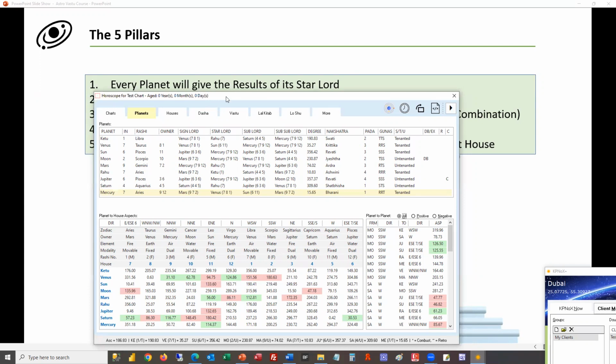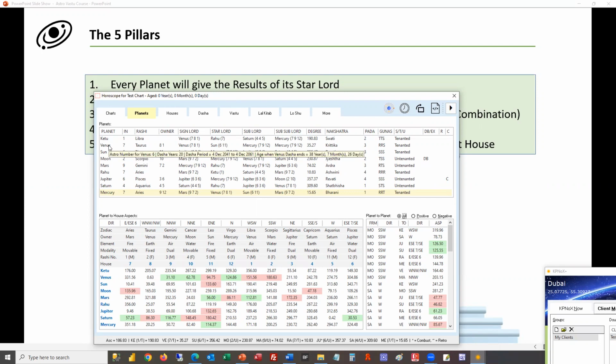One question, when you say it will give the results of the star lord, I'm just trying to interpret that. I'm taking a very practical example. If I take Venus, Venus is positioned in Kritika Nakshatra.